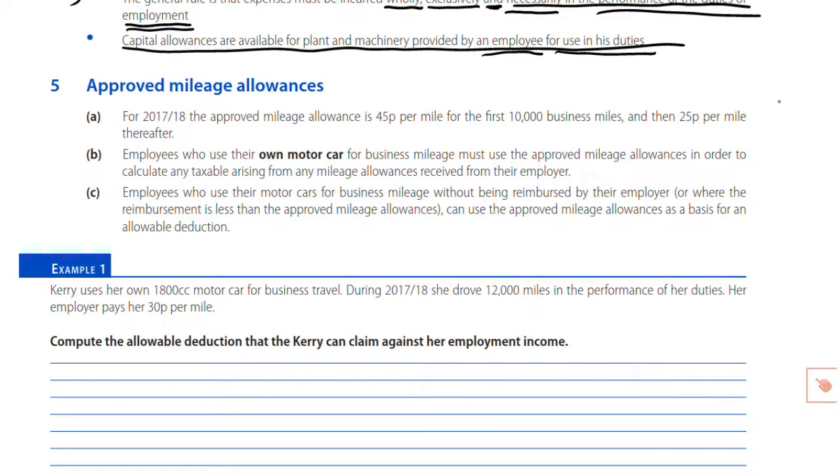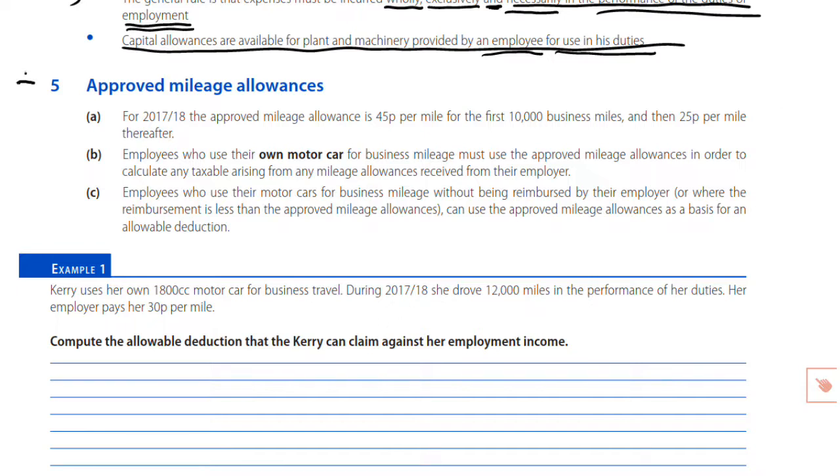If you've got to go out to a client, when you, for example, are, dare I say it, an auditor, and you go out visiting clients, then you don't have a company car, you use your own car. In which case, what can we do in terms of claiming a deduction against our income for the use of our own car?